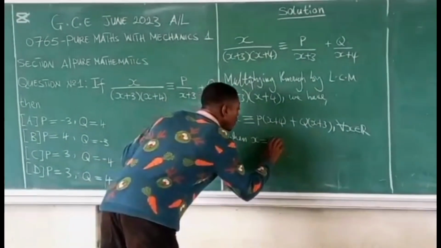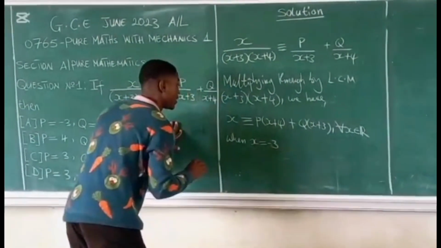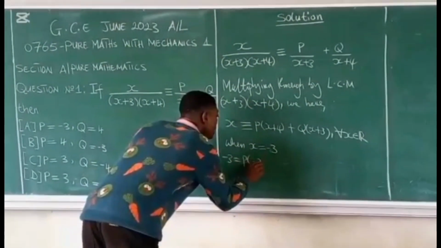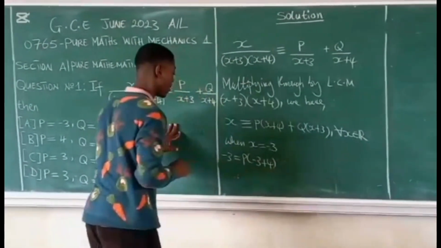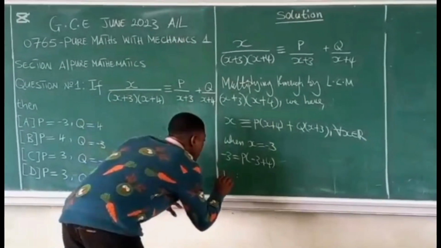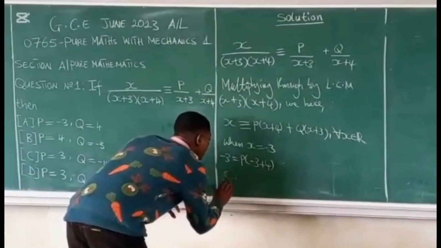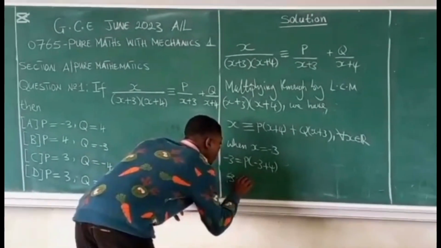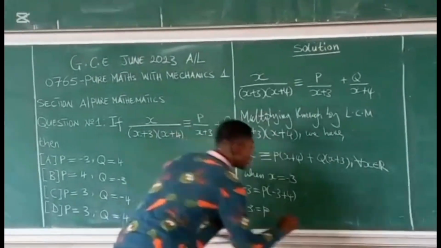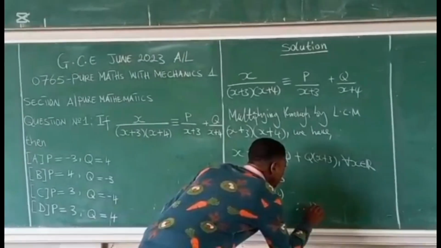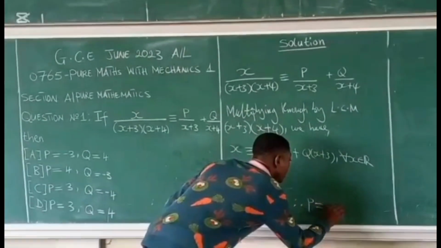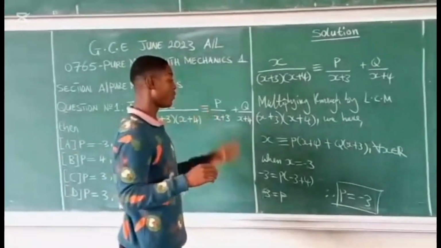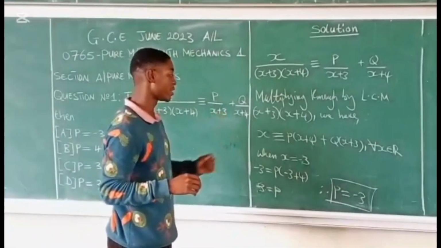So when x equals negative 3, we have that negative 3 equals p into negative 3 plus 4. And so this boils down to negative 3 equals p. So we have that our p equals negative 3. So we've gotten our value for p, which is negative 3.